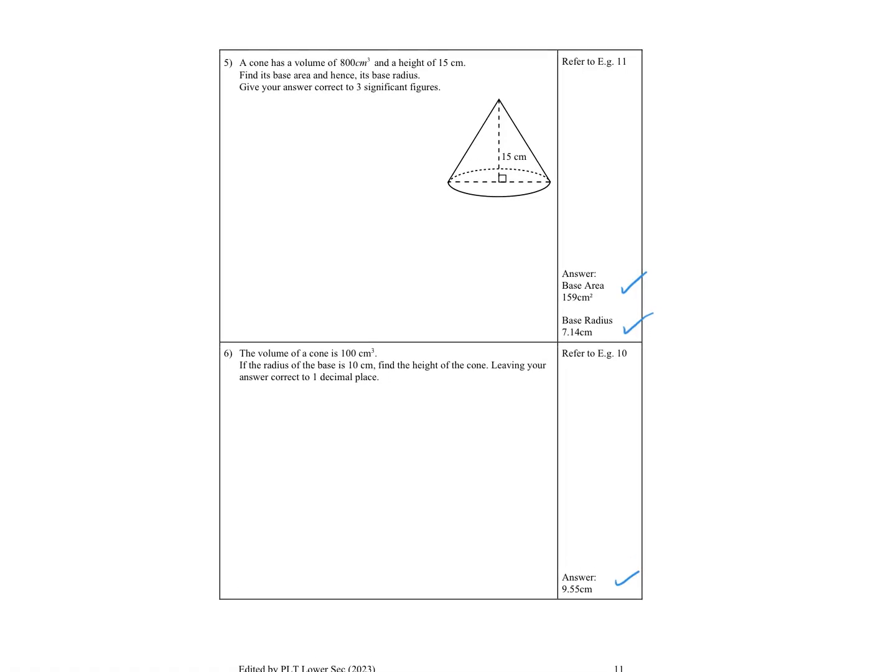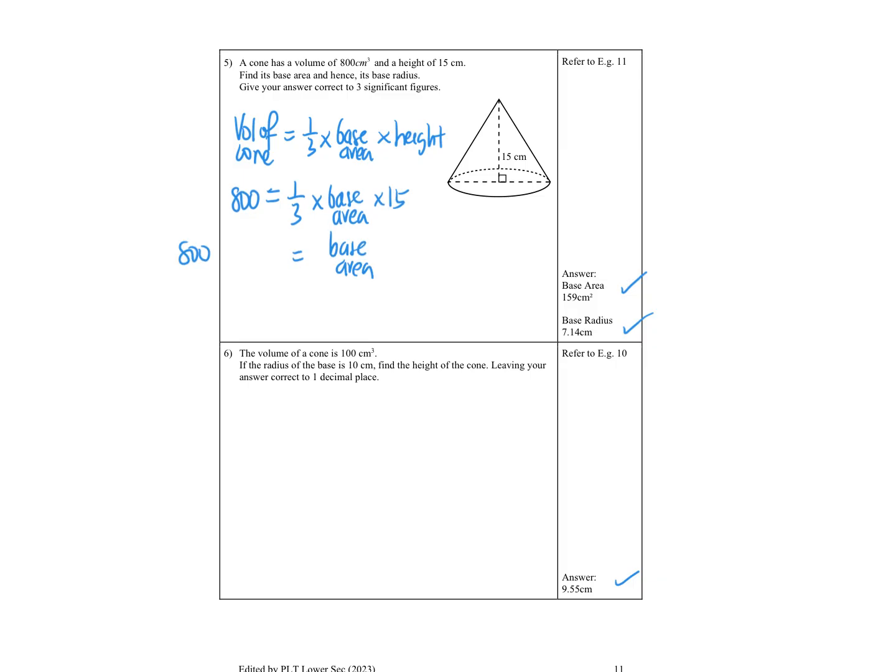Now in 5 minutes. Oh no, that's this 6. Check the answer. See whether there's any error. Okay, 5 also got one error here. It should be 160.